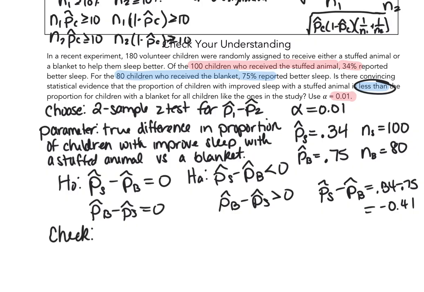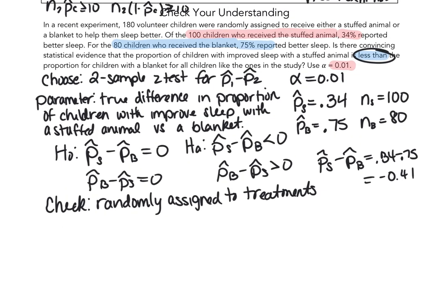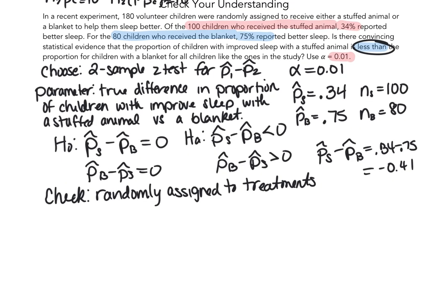So the groups were randomly assigned to treatments. We aren't looking at a random sample. And we didn't sample without replacement. We got volunteers to do this study who were randomly assigned. So the 10% condition does not really apply here. I'm doing an experiment. I didn't do sampling, so I don't need to sample without replacement.